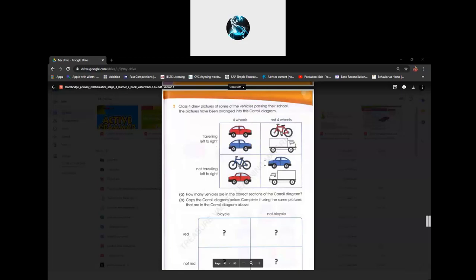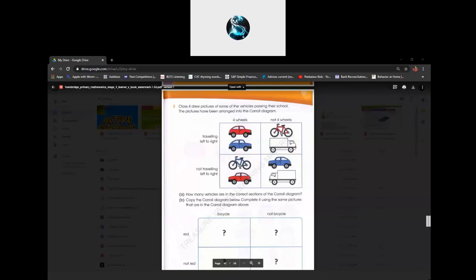It says traveling left to right, but this says not 4 wheels. Yeah, I know. That's why it's 1.